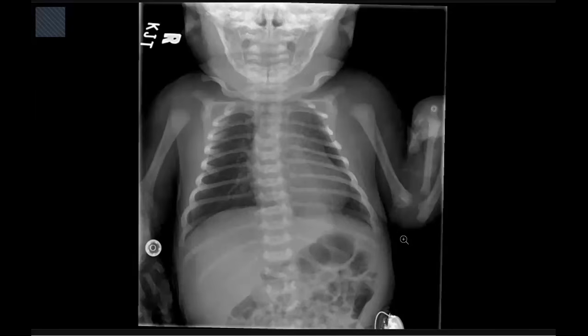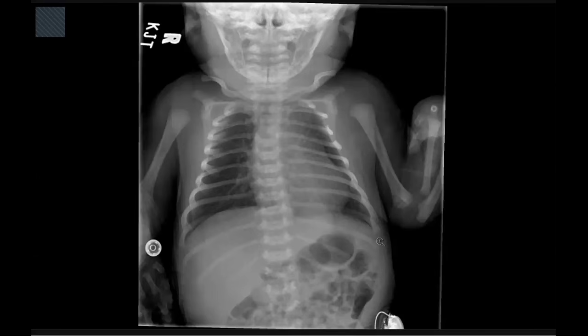The rest of the study, I will go through. Both lungs appear normal. The heart also looks fine, and the visualized bones appear normal.